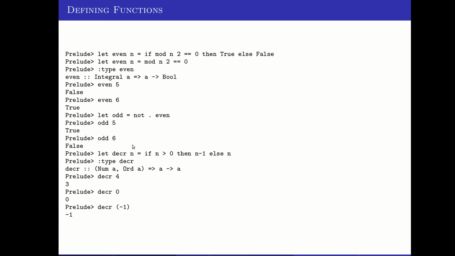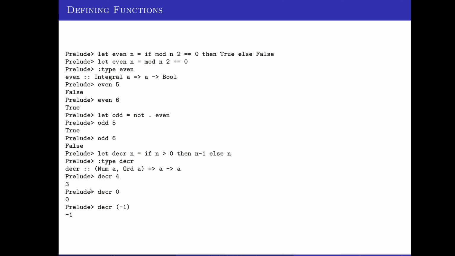Here's a decrease or decrement function that only decrements if n is greater than 0. So then it will give n minus 1. Otherwise, it will give n. Here you can see that the type for that function is from A to A, where A is restricted to be a number and able to be ordered so that we can do that comparison there.